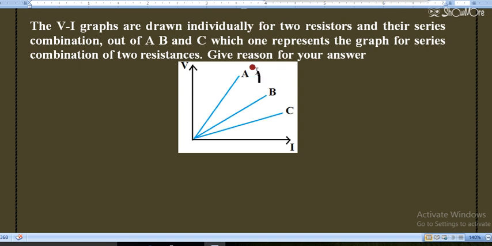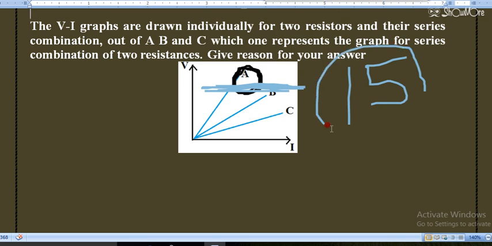Wire A. Students, please note down, wire A will represent the series combination of resistances B and C. I hope this is also clear. So this was the explanation for choice in the 15th question.